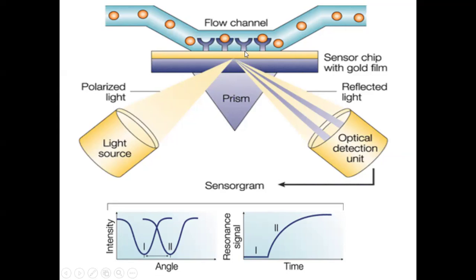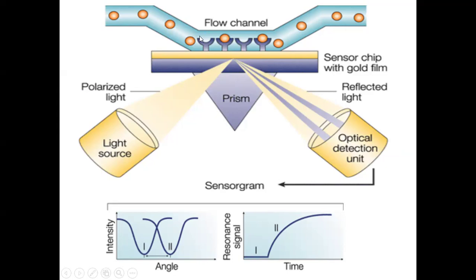On this, the antibodies will be coated, and if there is a positive reaction of the antigen with the antibody, the reflection of the light on the surface will differ. So in this reaction again, it is 50% positive and 50% negative. Based on that, the first shift is for the negative reaction, that is when it is not bound to the antibodies, you get a particular angle of reflection of this light and how much it is captured.